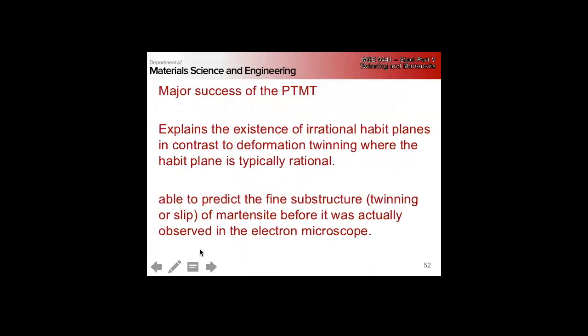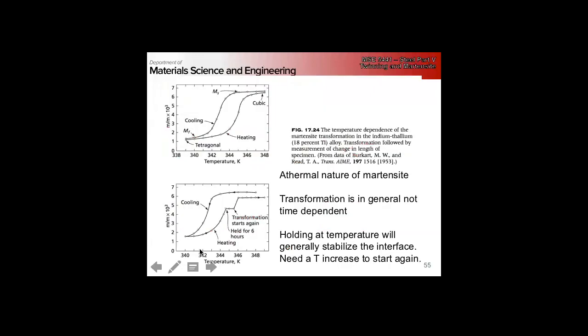Okay. So the major successes were, it explained the existence of the rational habit planes, right? And we were able to predict the existence of the fine substructure before it was observed. And then the hysteresis, the athermal nature of martensite and the hysteresis associated with it, right?